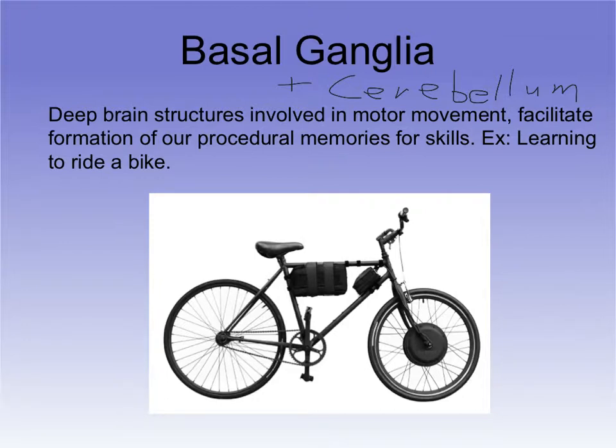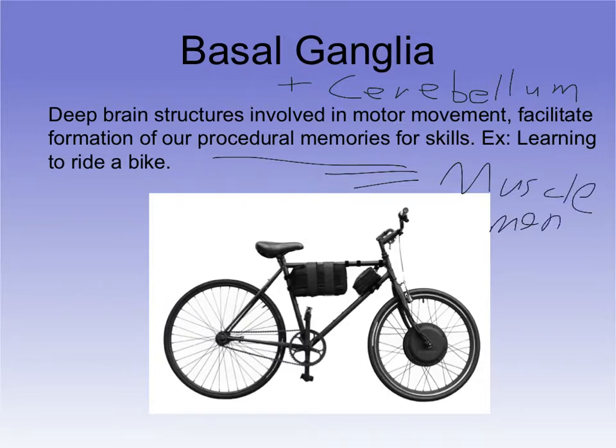They both help with procedural memories, which basically is muscle memory, learning how to ride a bike, remembering how to ride a bike, all those types of things. So again, procedural memory equals muscle memory, and those are all categories or subcategories of implicit memory.